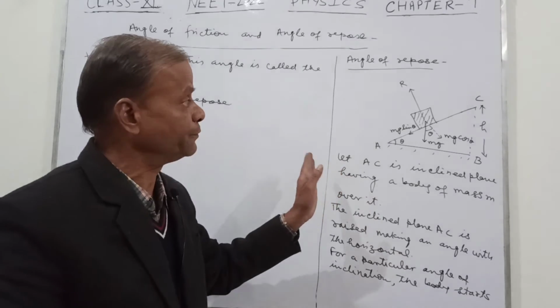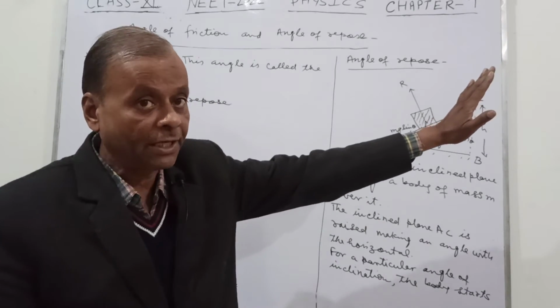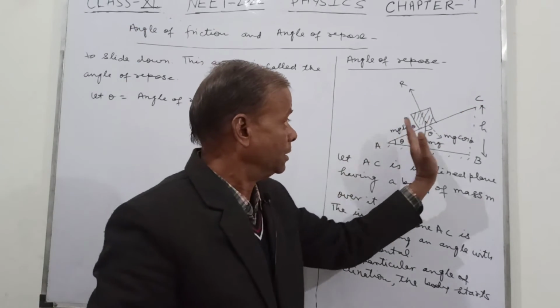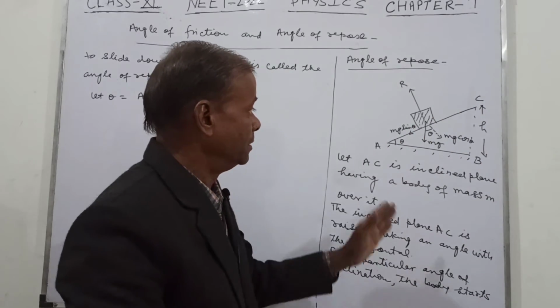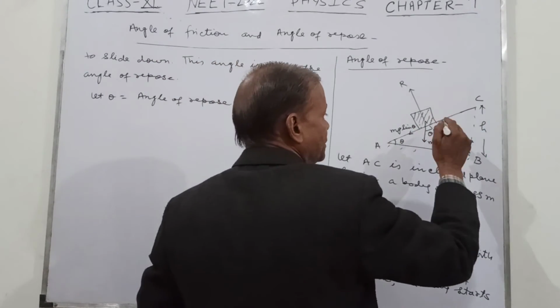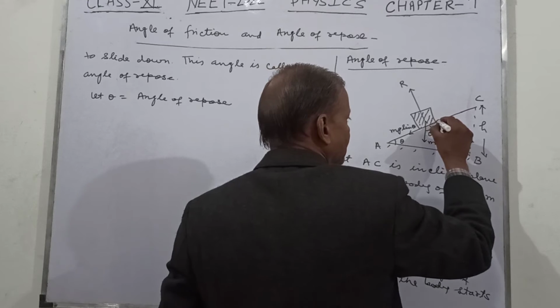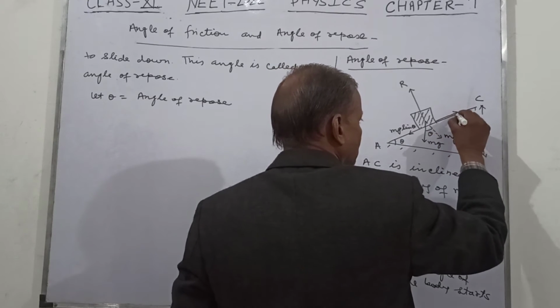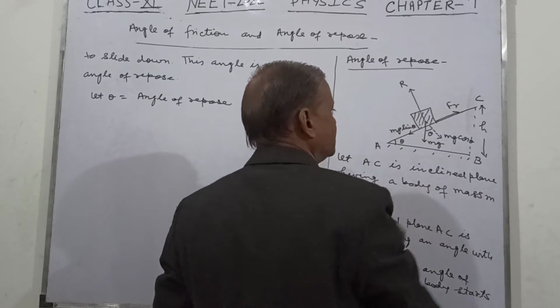It means that the force of friction will act up towards this point C. So the force of friction will be like this. This is the force of friction.